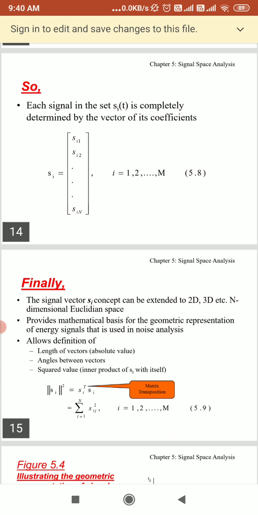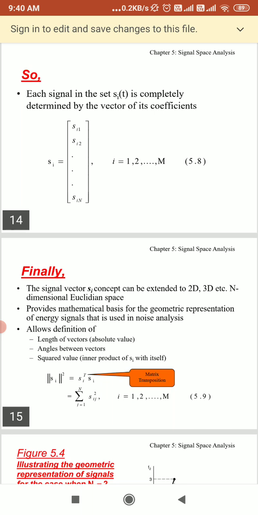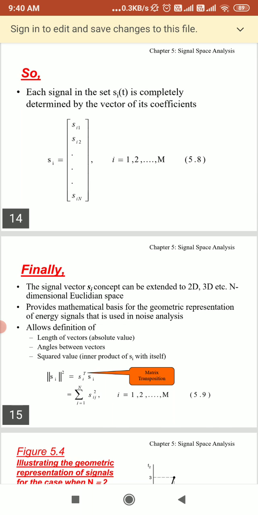So when we take the signal set Si of t, it derives a subset of linearly independent energy signals Sj of t, where j is 1 up to n, where n is less than m.